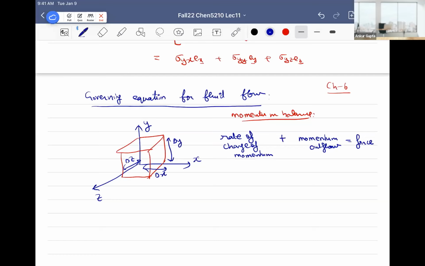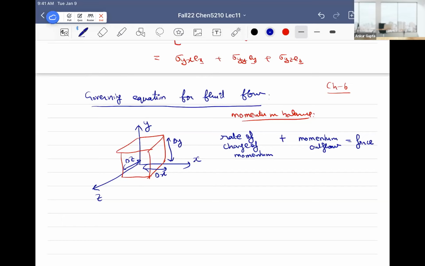That is not typically seen when you think of rate of change of momentum. And why do we have that? Because remember we're thinking of a control volume, and now we are thinking of things going in and out. When we talk about a rate of change of momentum equal to force in usual Newton's law, we think of a rigid body. Now we are doing a balance in a fluid flow, where something can go in and go out. So that's why there's a correction there.